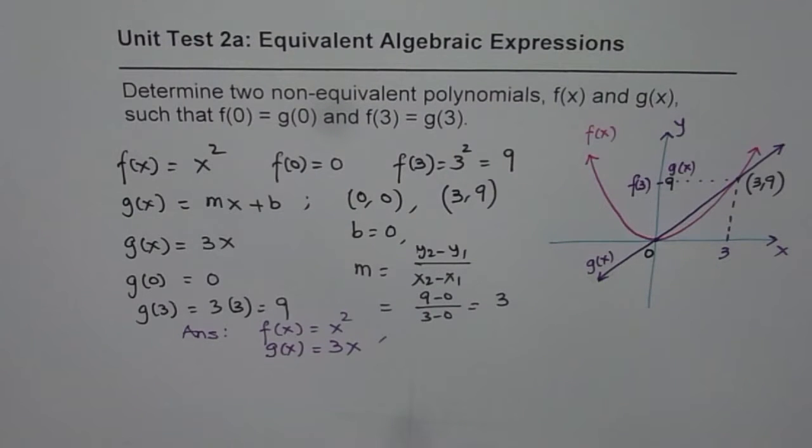That's a good application of equivalent algebraic expressions. These are non-equivalent polynomials which have 2 points of intersection. This is a problem which I've seen in the test, so you should consider this seriously for preparation.